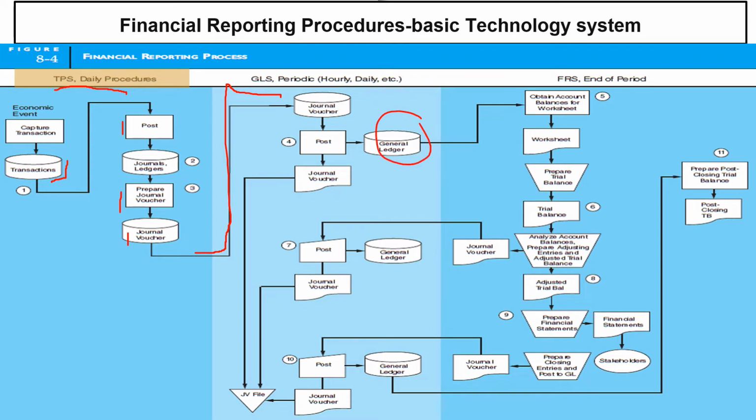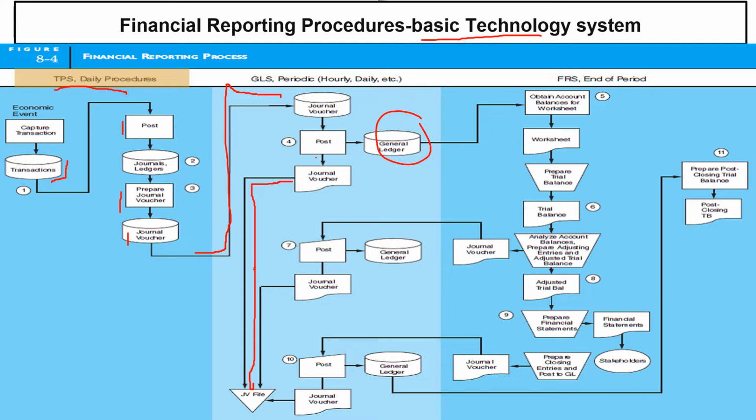Okay, so from the journal vouchers, we post to the general ledger, and for sure we will have to file a hard copy, because we said this is a basic technology system. So we file the copy of the journal file, and after we update the general ledger, we send the update of the account balance to the worksheet.